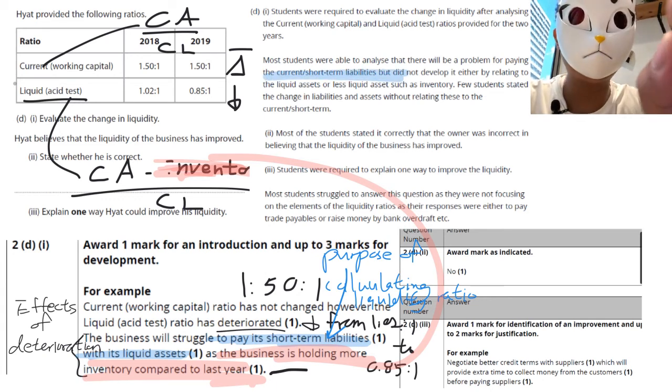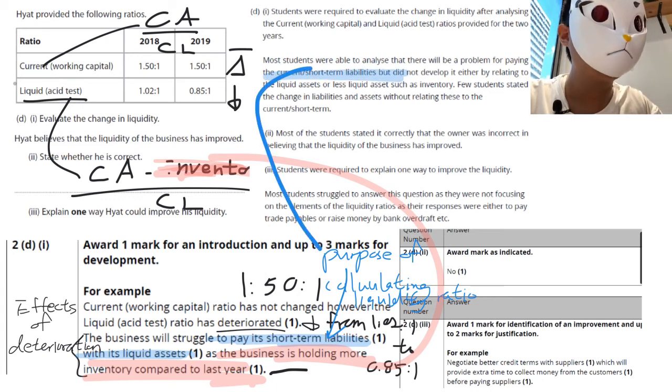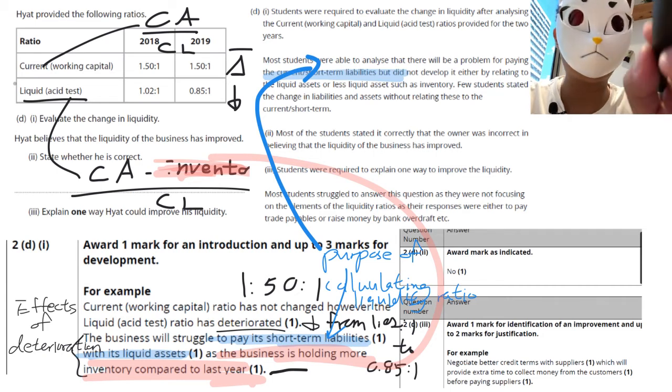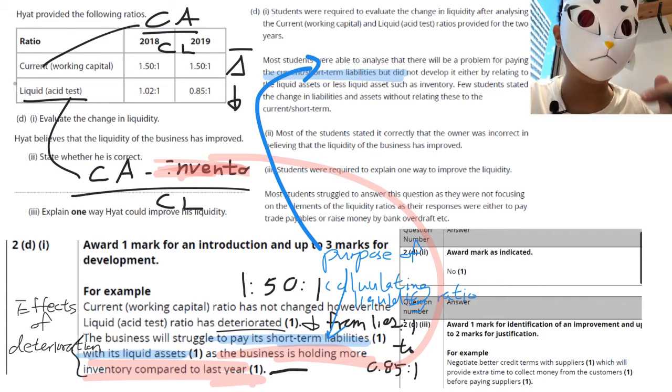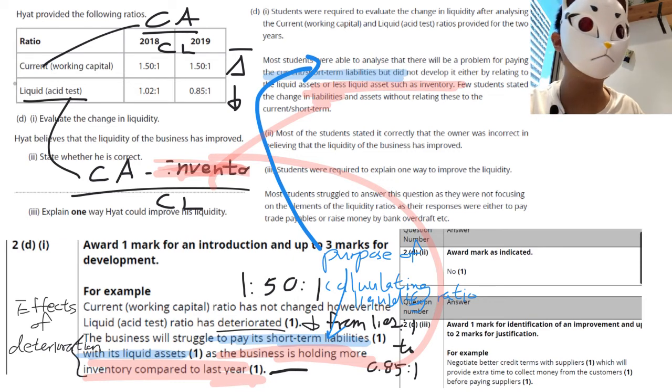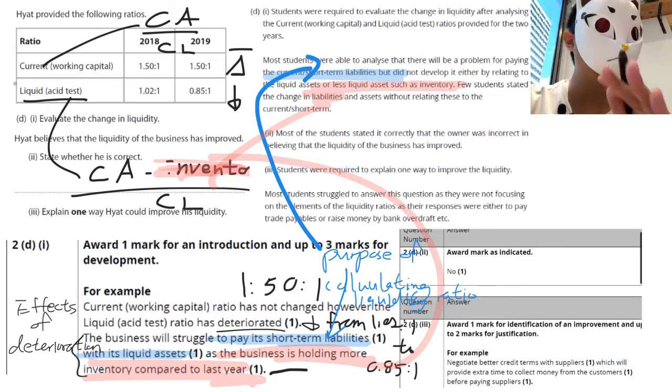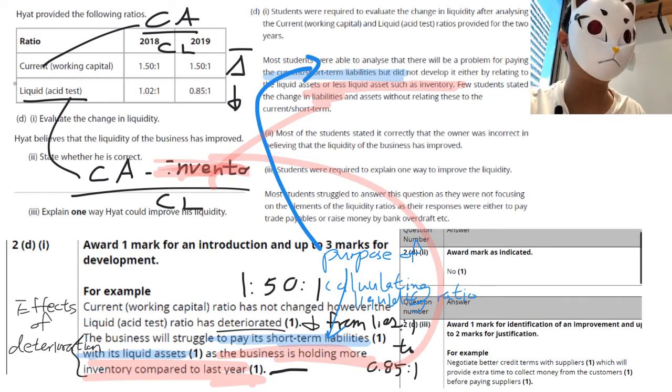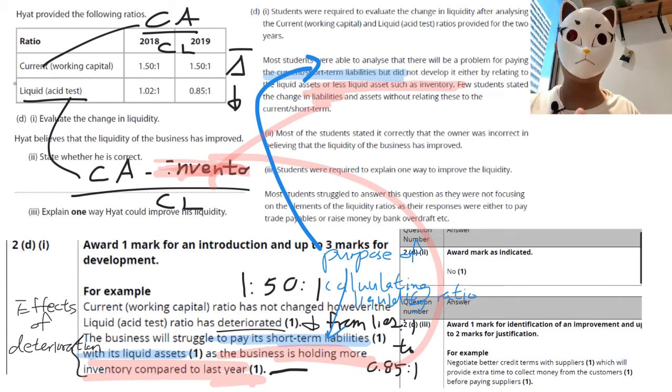A lot of candidates know the purpose of calculating the ratios. However, a lot of candidates do not talk about the inventories. They do not talk about the inventories. That's why students lose marks in this part. You must talk about inventories.